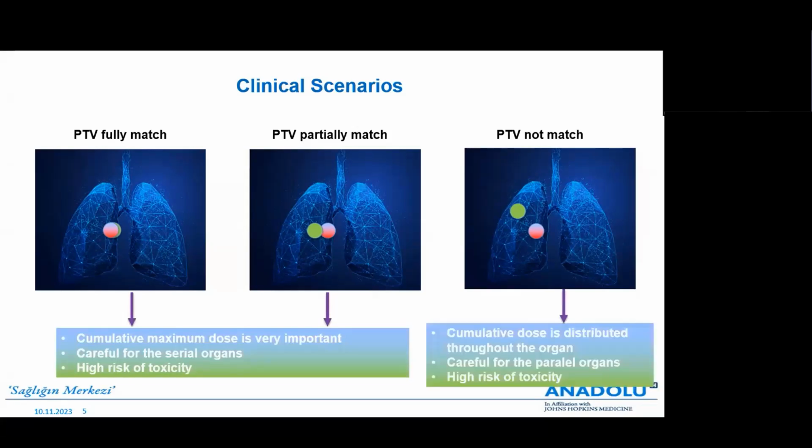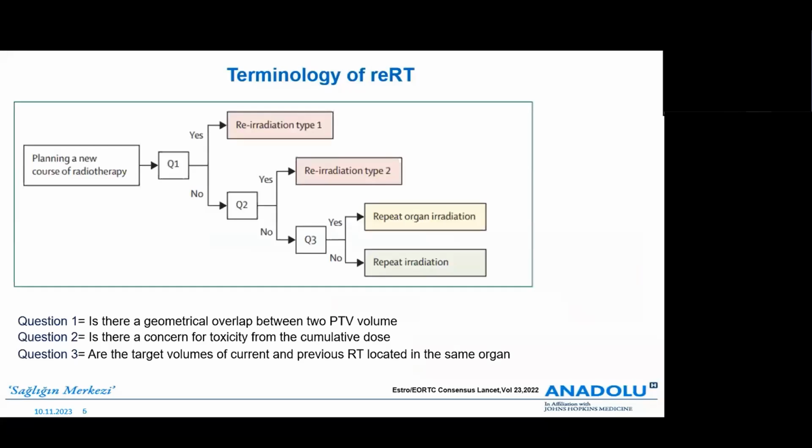If you have the third scenario, then the cumulative dose is very important. The distribution of the cumulative dose is very important. You should take the parallel organs into account, so this is the parallel organ dose. I mean the volume dose is very important, and of course you will have high toxicity if you exceed the volume dose values. So let's go to the terminology first.